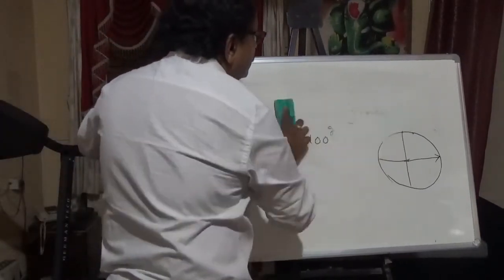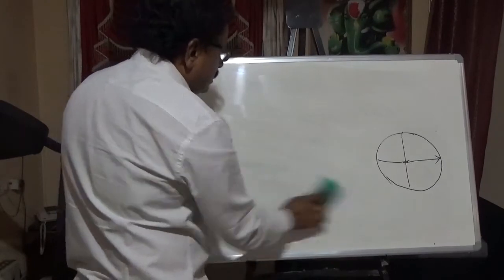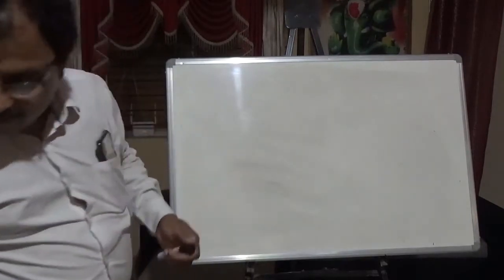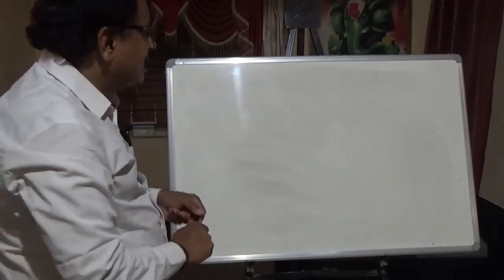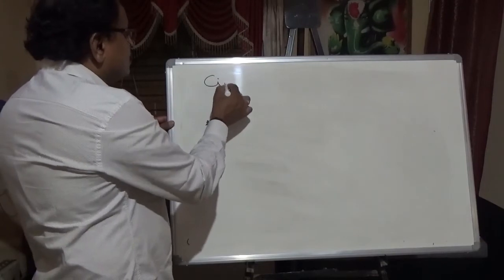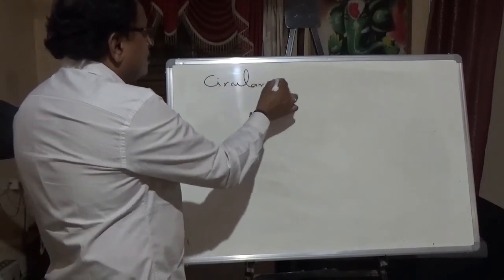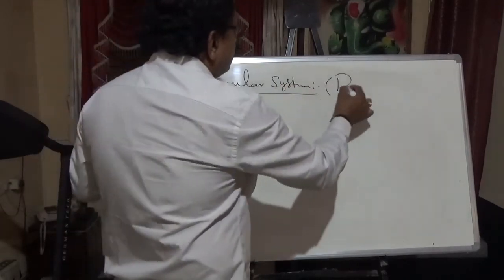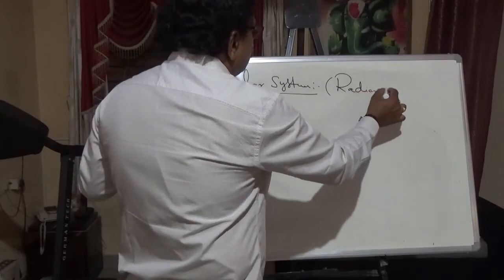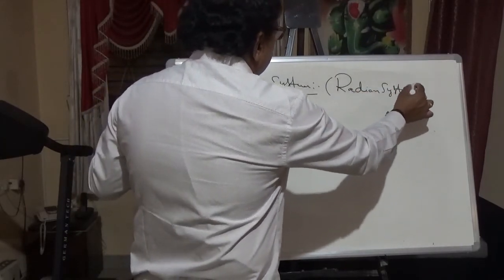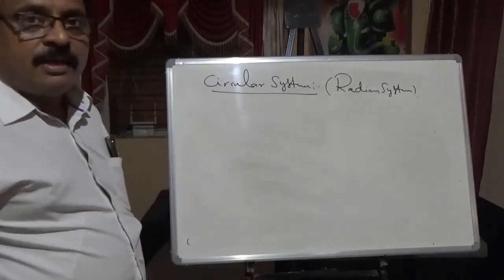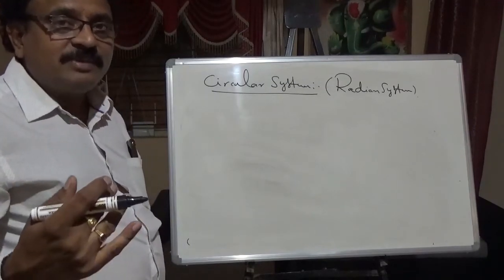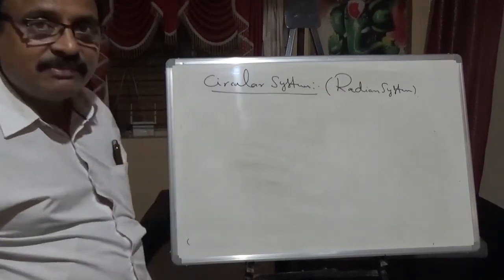Here the third system is the circular system or radian system. First one sexagesimal system, second one centesimal system, third one is radian system.